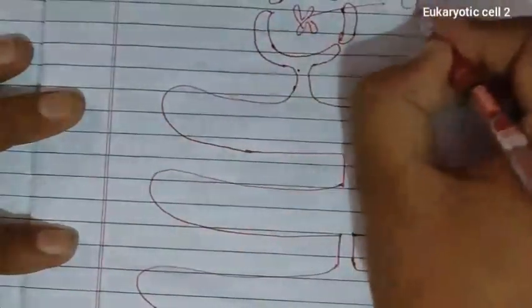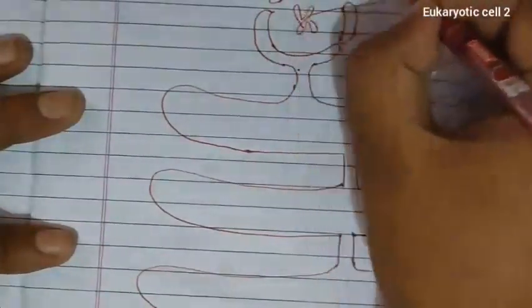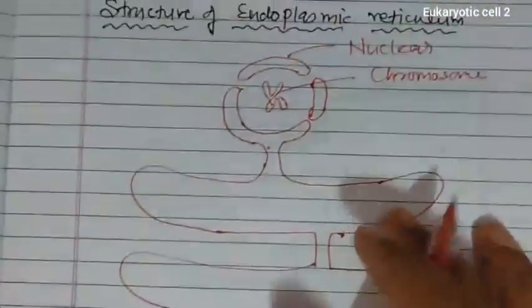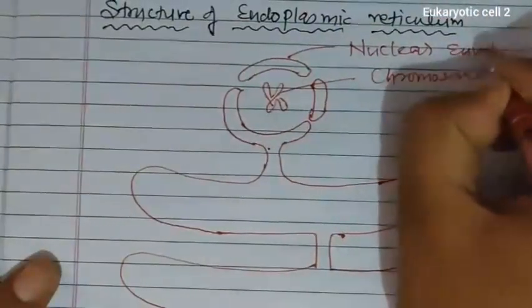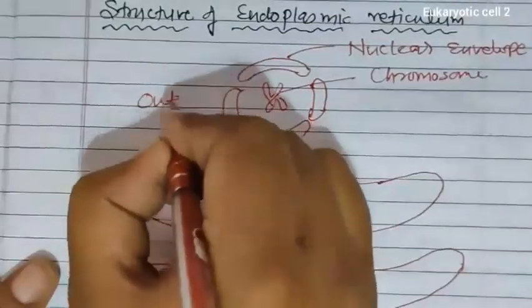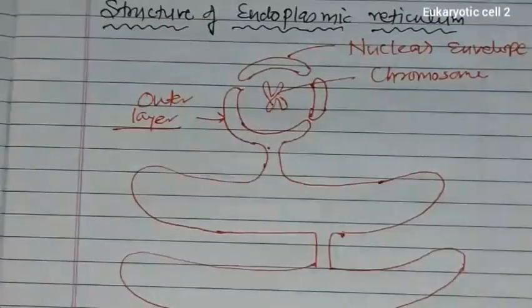Okay, so this is chromosome and this is nuclear envelope. This is the outer layer of nuclear envelope. From the outer layer of nuclear envelope, this particular endoplasmic reticulum arises.